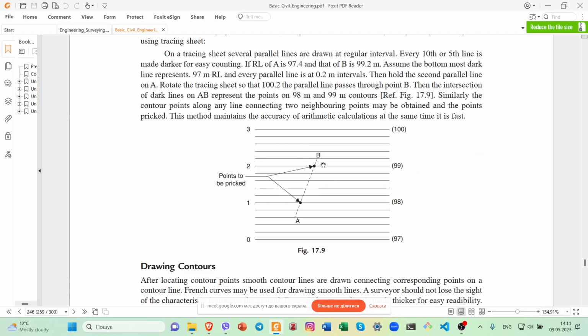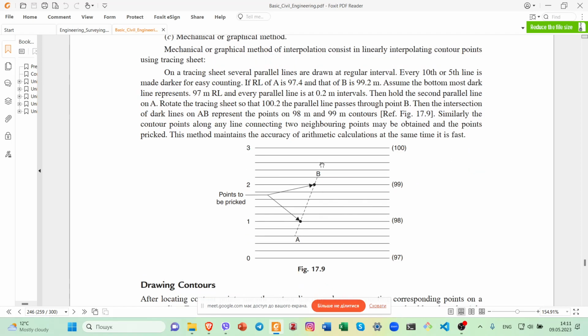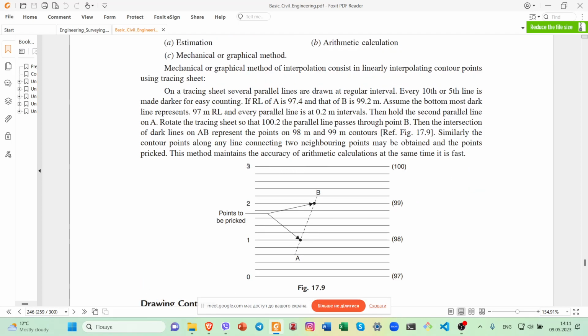Here you can see an example of graphical method. We use the so-called palette.